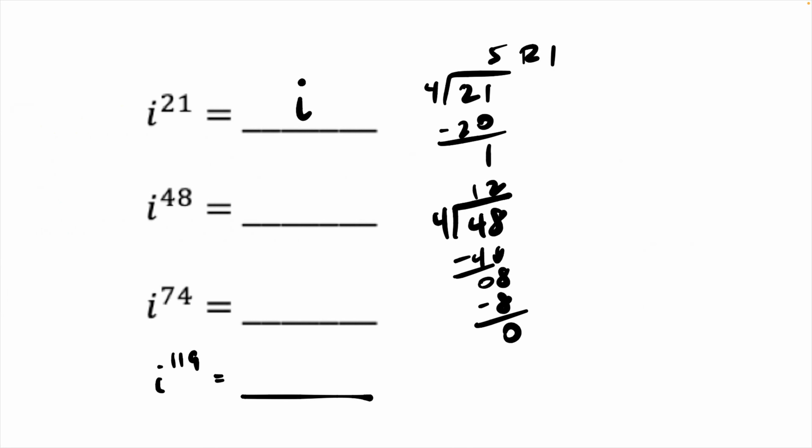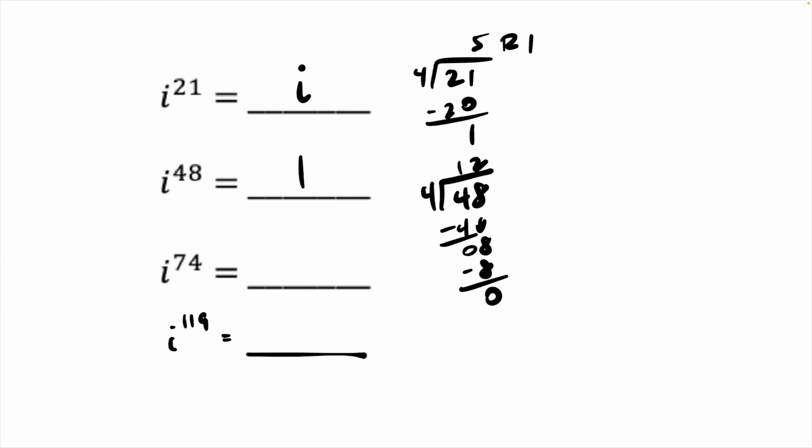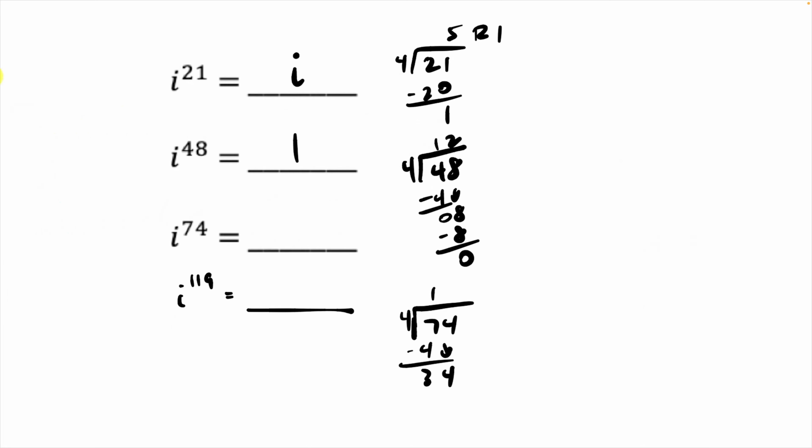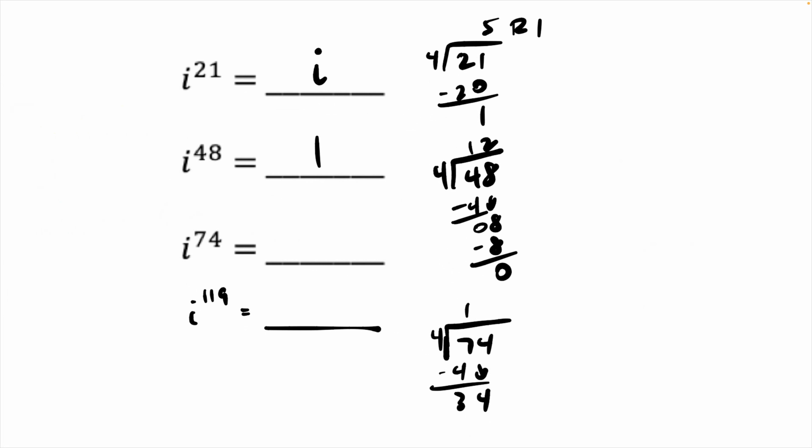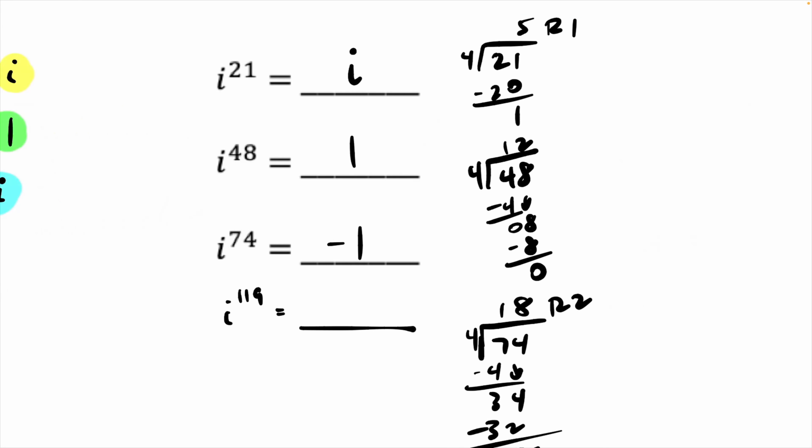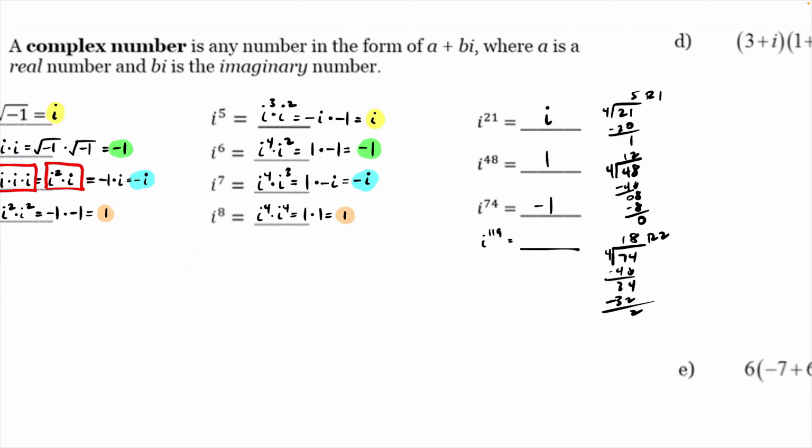So if I get no remainder, what answer should I get every time? 1. Okay, let's do 74, and then we'll write down our rule in words. 74: 4 goes in once, goes in 4 times, 4 goes into 34 8 times, remainder of 2. If I get a remainder of 2, I should get negative 1 as my answer, right?